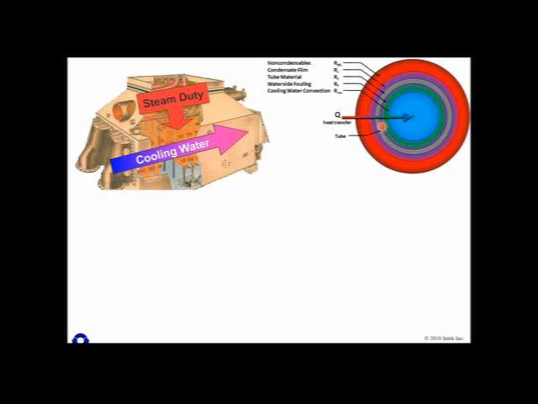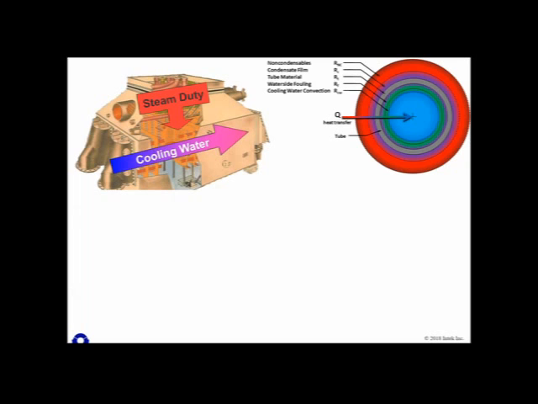And so there's an impedance to heat transfer there. And then the last layer is a temperature gradient in the cooling water around the outside of the core, and so that has to be accounted for as well, that thermal impedance in the cooling water. That thermal impedance is affected by the flow rate and the flow velocity and tube diameter and things like that.